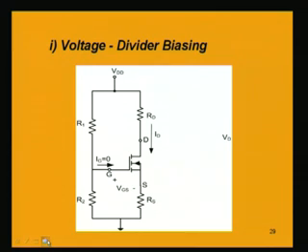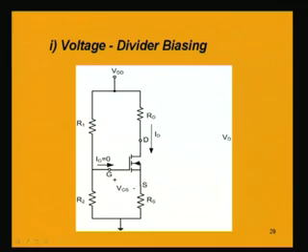So, here there are two resistances, R1 and R2, and there is a drain resistance RD and a source resistance RS. This is the ground, and VDD is the biasing voltage.